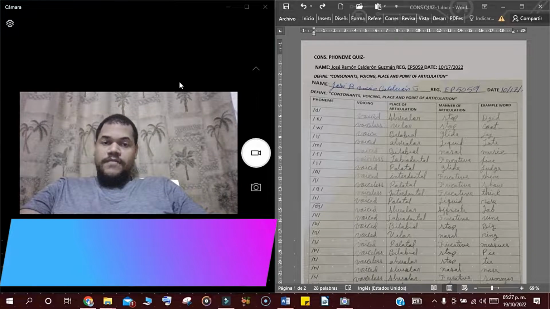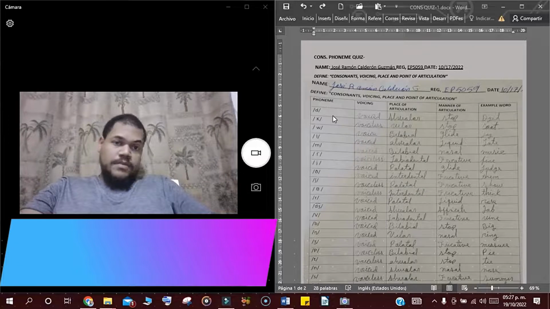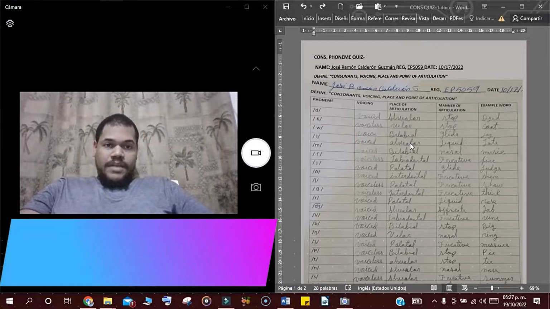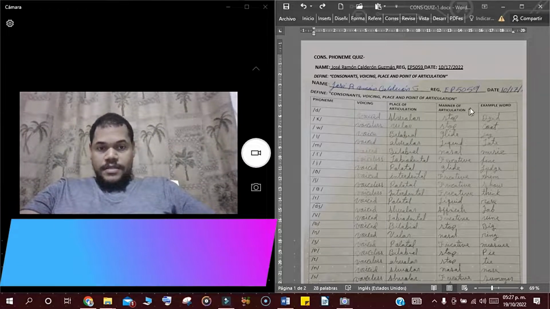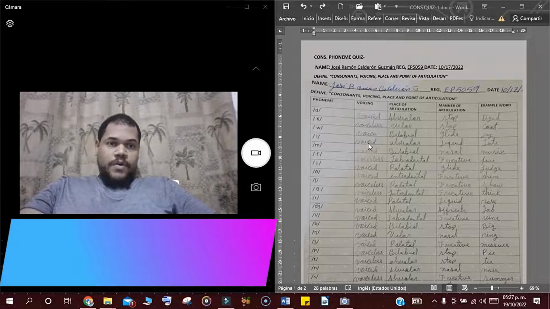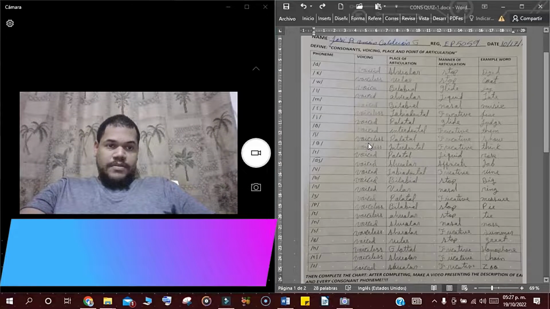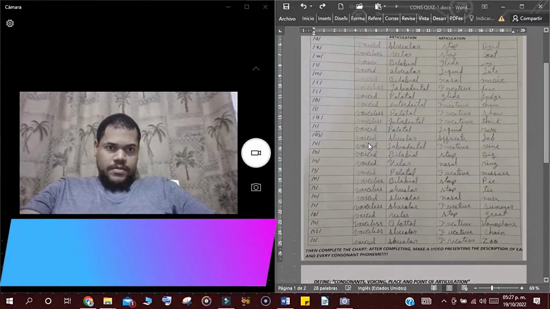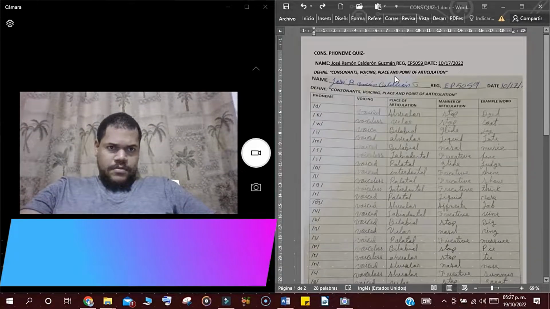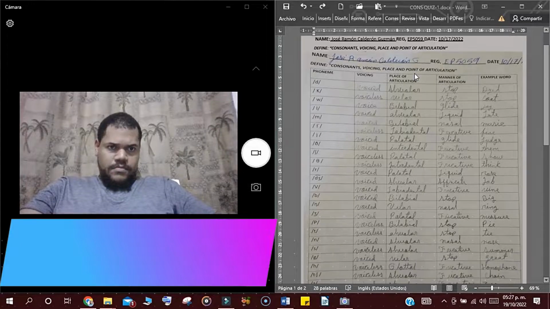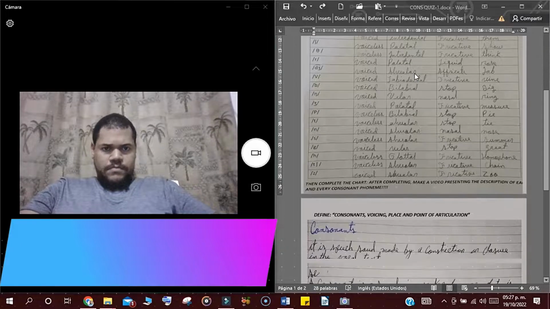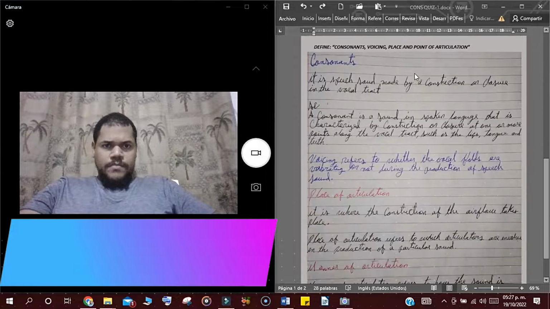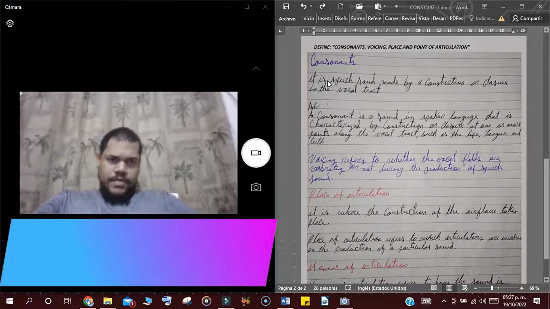So let's start with the homework that you assigned us about what a consonant is and what voice, place, and manner of articulation are. We start with consonant.